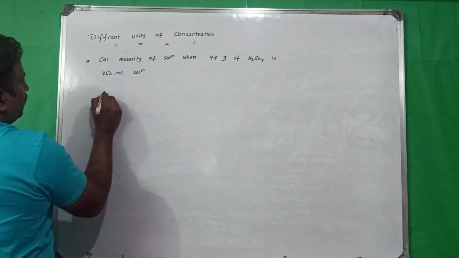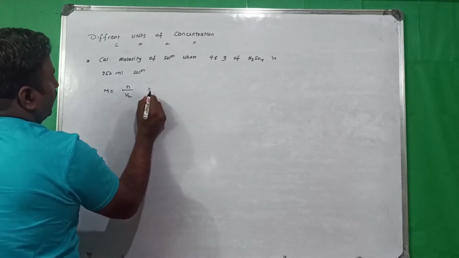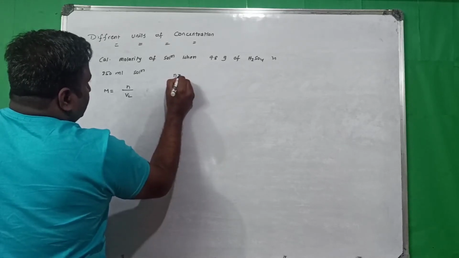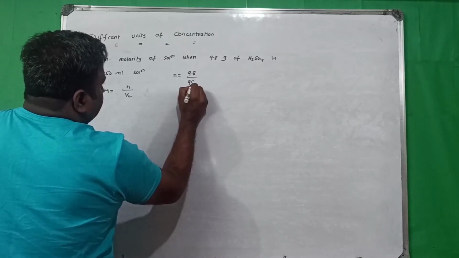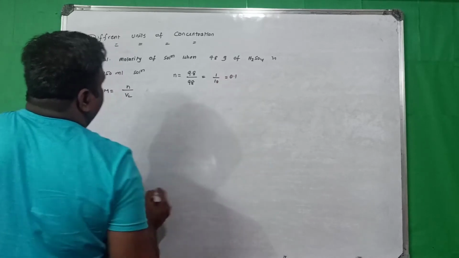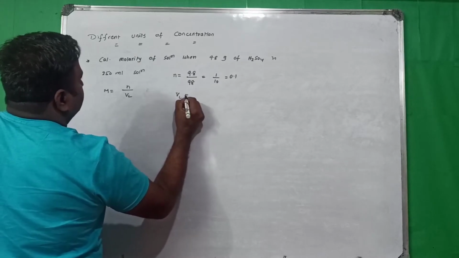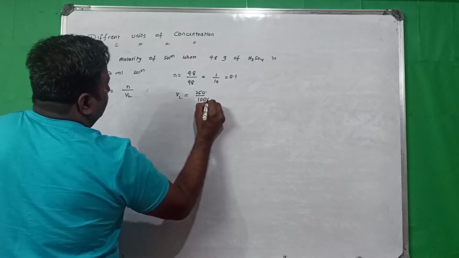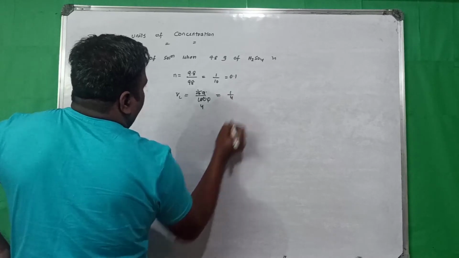So here molarity is equal to number of moles upon volume in liters. Number of moles is weight by molecular weight. So N is equal to weight of solute 9.8 upon molecular weight of sulfuric acid 98, that is 1 by 10, 0.1. Volume of solution V in liters is 250 upon 1000, that is 1 by 4.